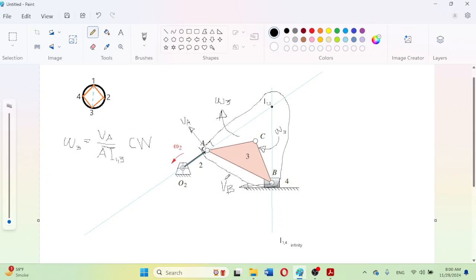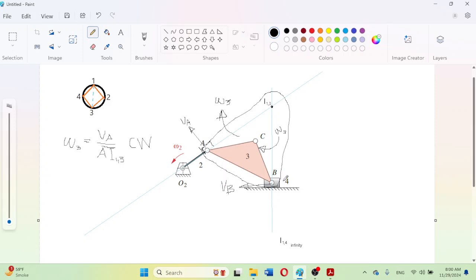So we will obtain the magnitude of velocity VB, and its direction is quite clear, towards the left along this horizontal line. In this way VB has been calculated.